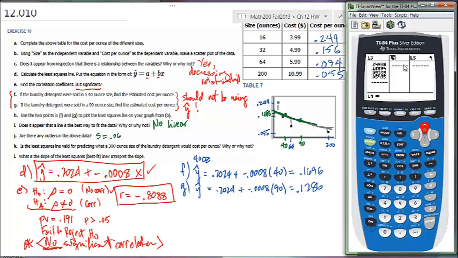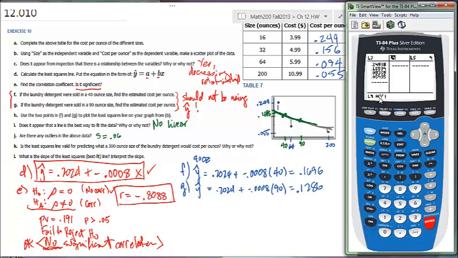So in L4, what I want to do is put those X values into the line equation. Now my line equation, remember, is in Y1. So while my cursor is up in L4, I'm going to press vars, Y vars function Y1.